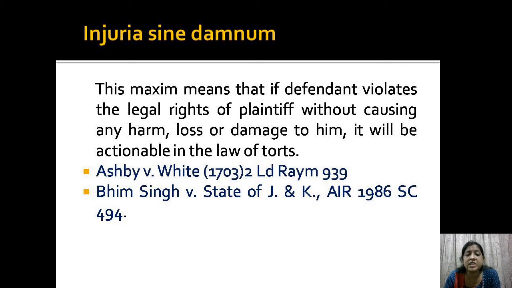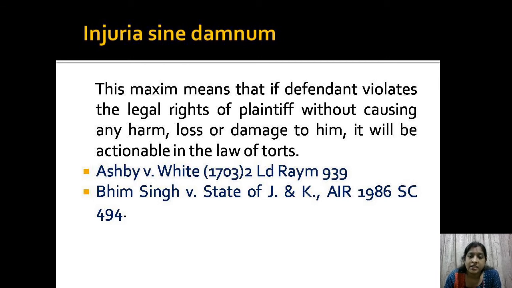This can be explained with the help of a leading case of Ashby versus White. In this case, the plaintiff was a valid voter of parliamentary election. However, the returning officer of that election did not allow him to cast his vote, because of which he was not able to cast vote.